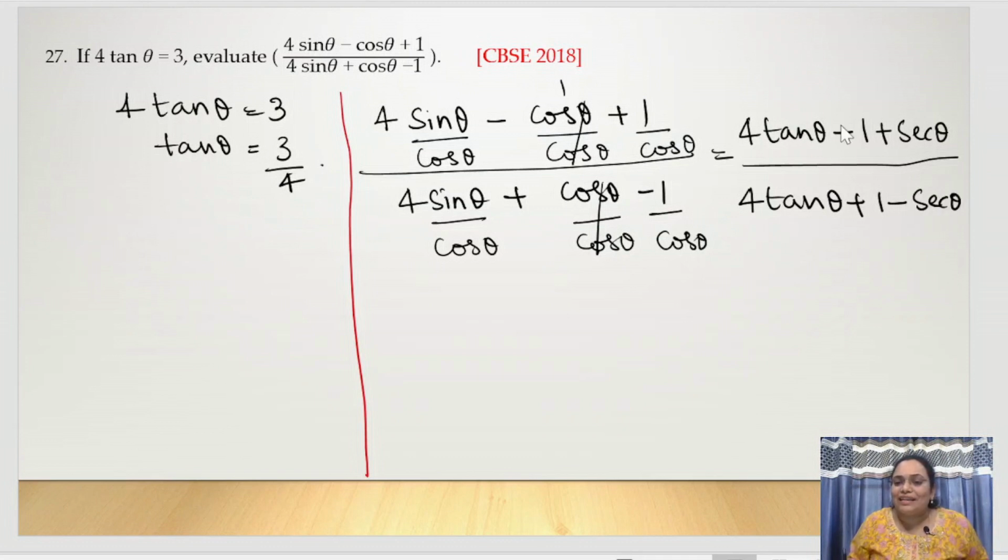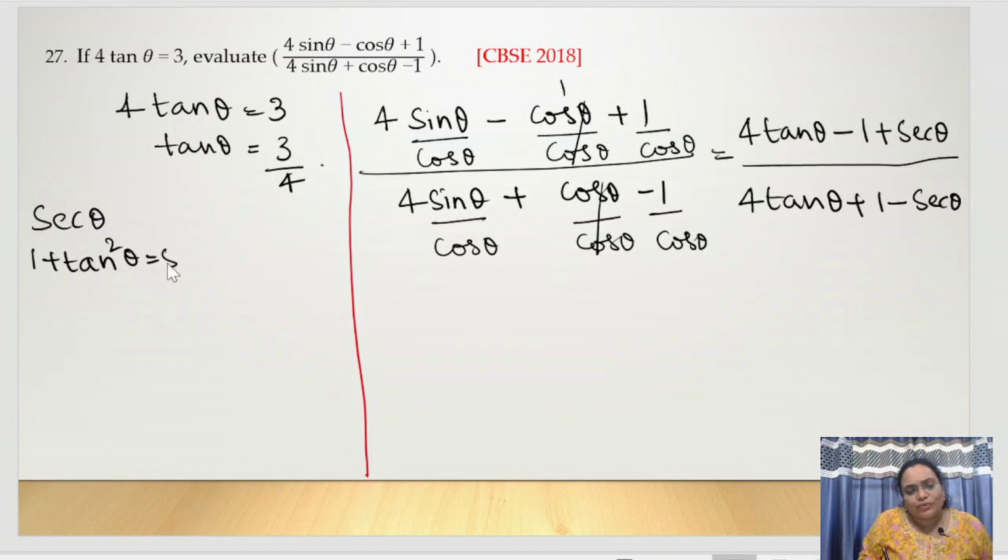So we know the values of tan theta. So we need to find secant theta also. So we have an identity that is 1 plus tan square theta is equals to secant square theta. Yes. So we know 1 plus tan square is 3 square by 4 square, which is 1 plus 9 by 16.